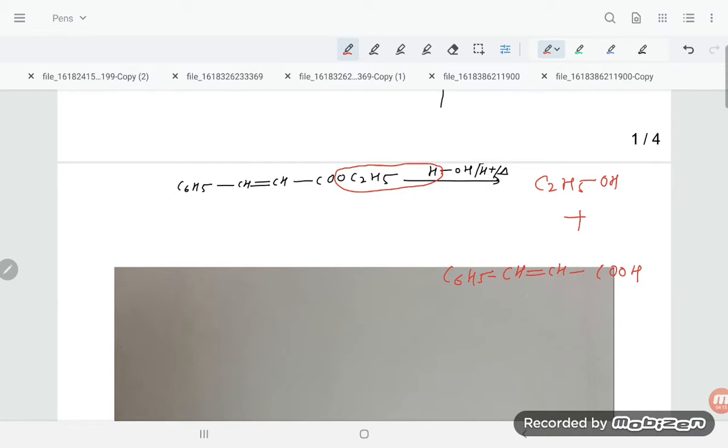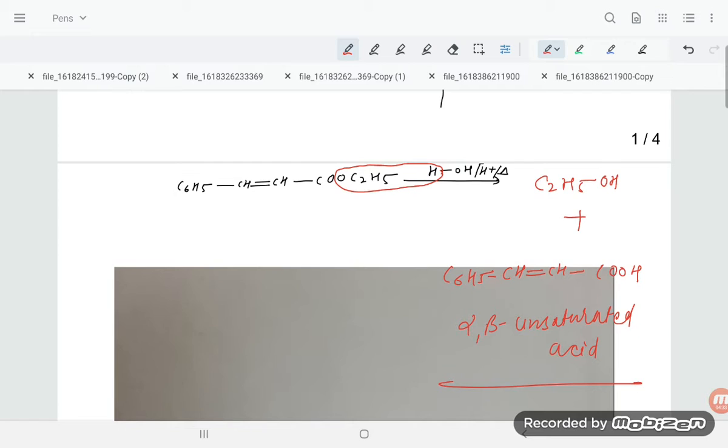So this is known as alpha beta unsaturated acid. This is also an alpha beta unsaturated acid. So this is our required product, dear students.